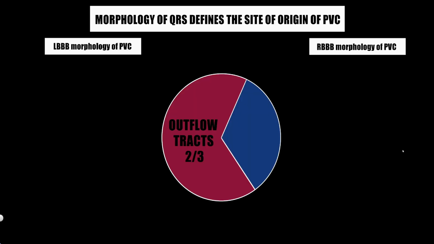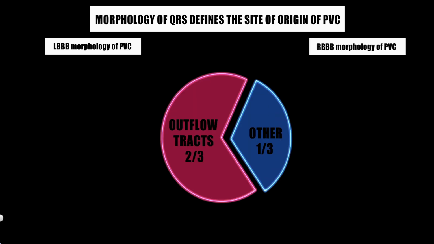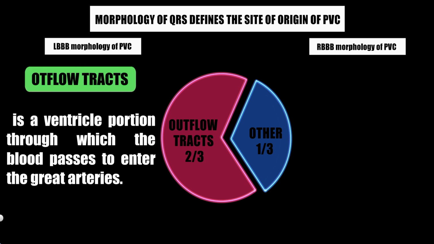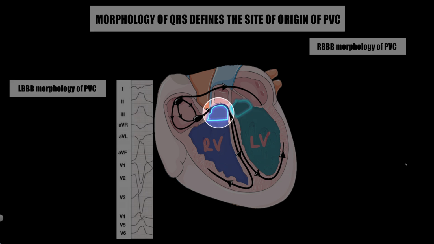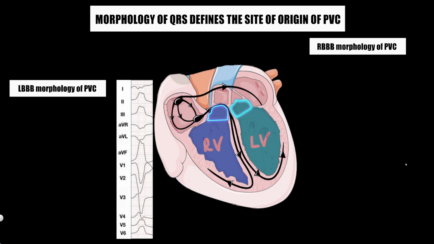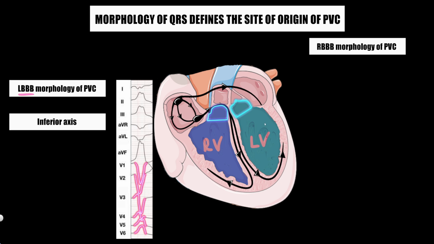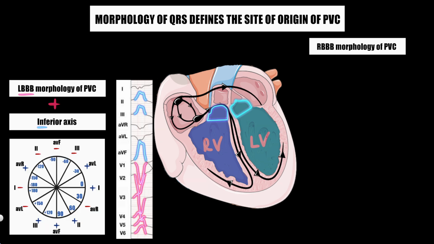Approximately 2/3 of all PVC is located in outflow tracts of the ventricles. In turn, the outflow tract is the ventricle portion through which the blood passes to enter the great arteries. According to this, right ventricular outflow tract PVC is characterized by left bundle branch block morphology and inferior mean QRS axis.